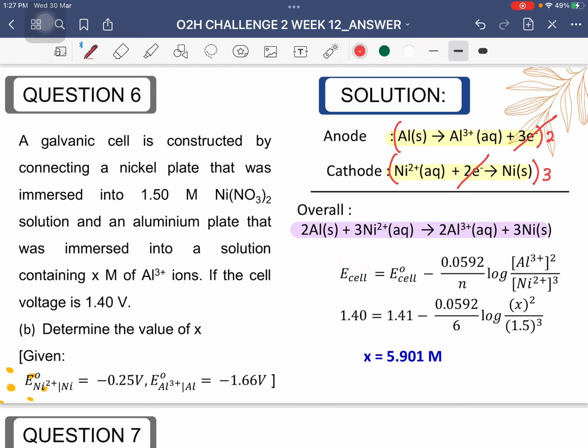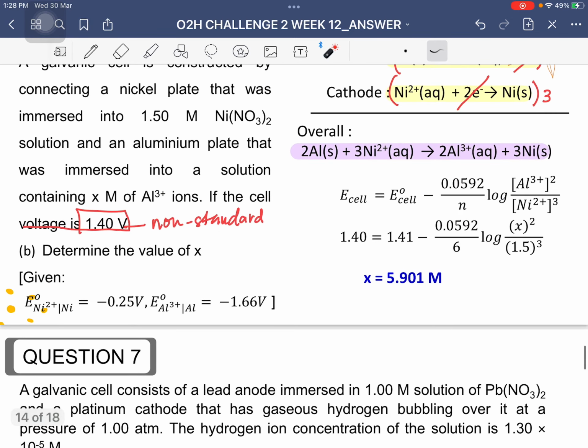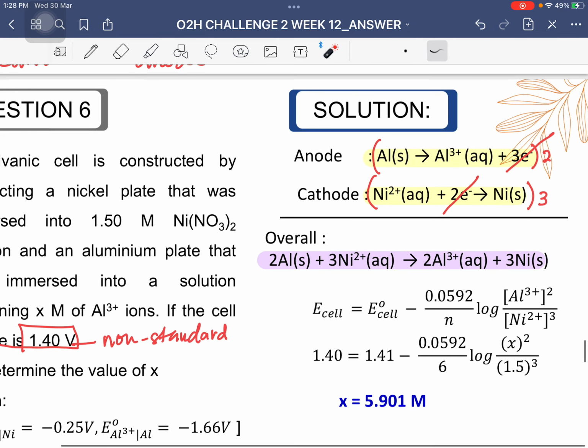That means that is the voltmeter reading at non-standard. This we can get from the voltmeter reading that we attach to the cell. So we have the cell potential, and the standard cell potential is what we calculated before, and then 0.05, and the electrons cancelled. See, we are cancelling 6 electrons left and right side. Log product over reactant. The product is Al3+.